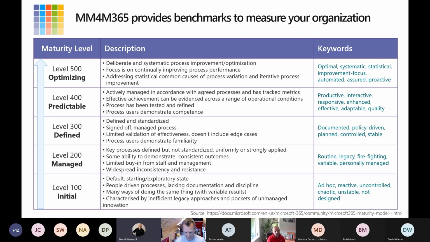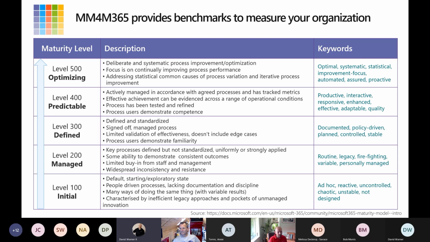The maturity model is based off the capability maturity model, and we have 5 levels of maturity, going from level 100, this initial chaotic world, to level 500, this Narnia unicorn maturity level, where everything is automated and has almost reached self-actualization, is working beautifully, and we can measure and understand how we can tweak and make that competency better.